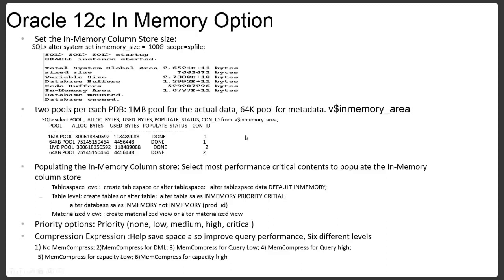What we found was that when a query runs against in-memory, each table only has 50% of the data loaded in-memory in each instance. When the query hits that instance, because most queries are full table scans, which means they have to scan all the rows, and it only has 50% of the data in memory, they have to go to disk to get the other 50% of the data.